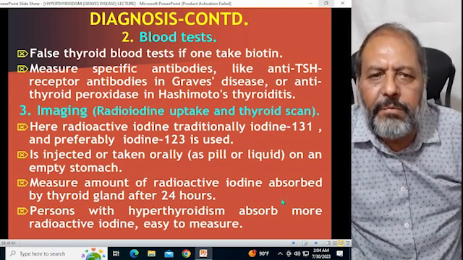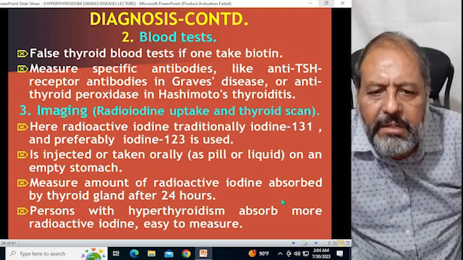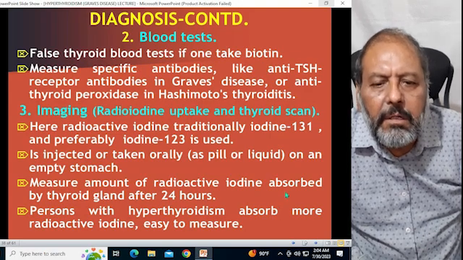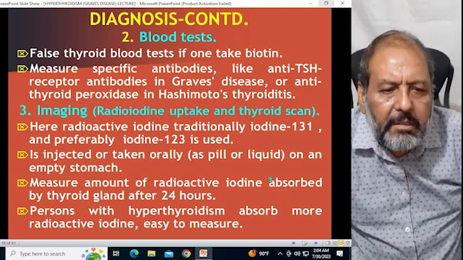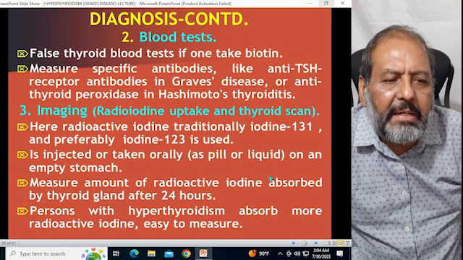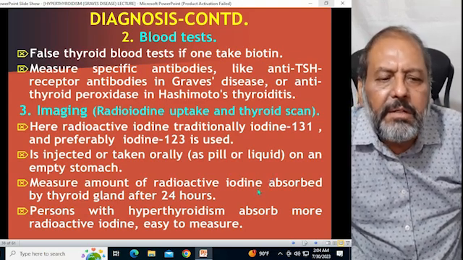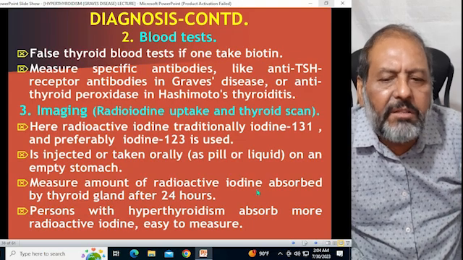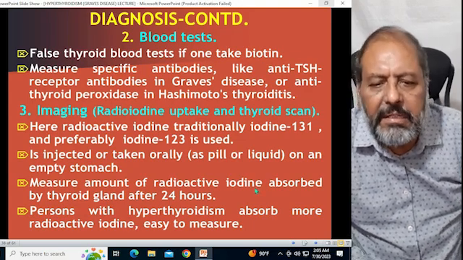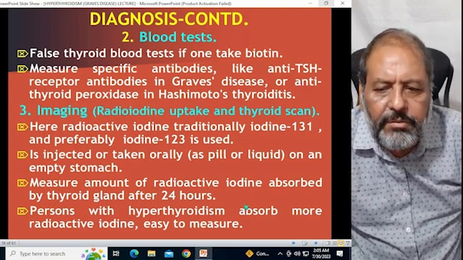The third parameter of diagnosis is imaging, radioactive iodine uptake or radioiodine uptake and thyroid scan. Here, radioactive iodine, traditionally iodine 131 and preferably iodine 123, is used.